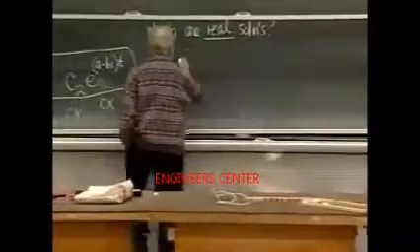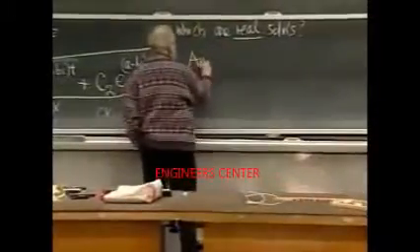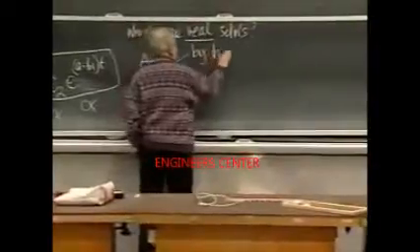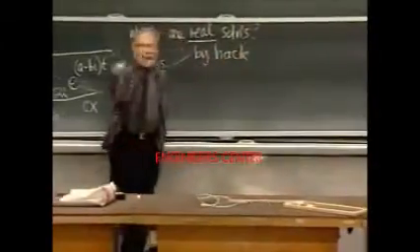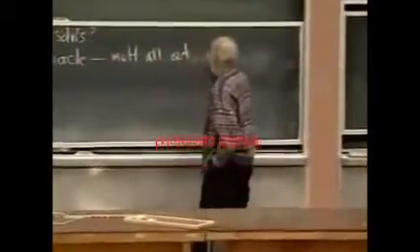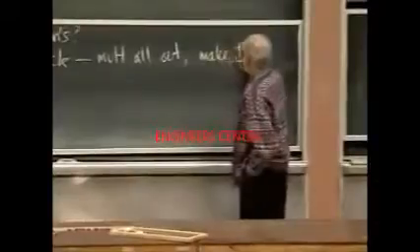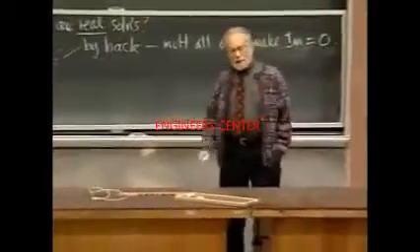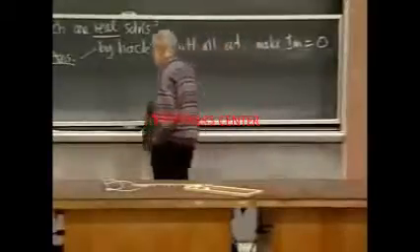So let's say we can answer this two ways. By hack, in other words, multiply everything out and make the imaginary part equal 0. Now, here's a better way, in my opinion.